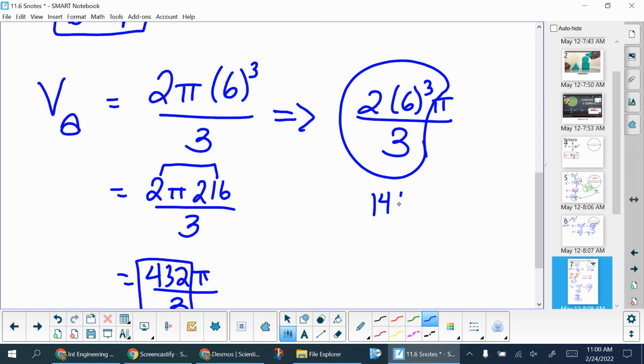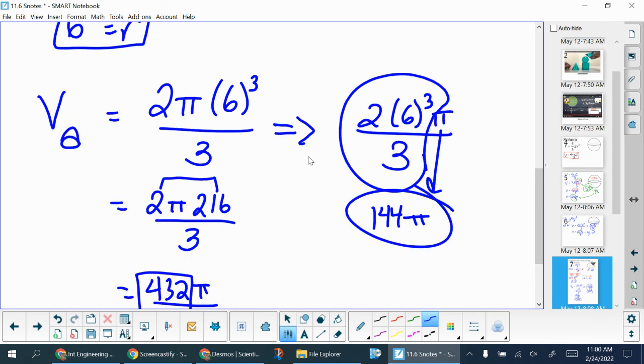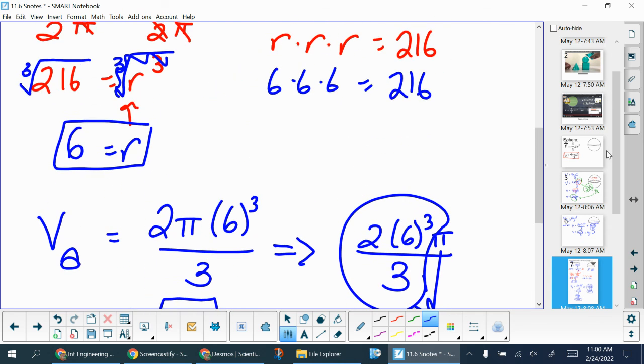So that stuff in this that's circled is 144. Don't forget your pi if you're typing it in a calculator. I, at the very least, would expect to see this part, and then if you're simplifying, showing me your steps. If you're not, make sure you're typing the stuff in the calculator and not losing that pi. That is a big important thing, that pi be there.